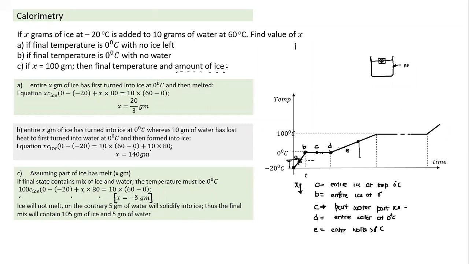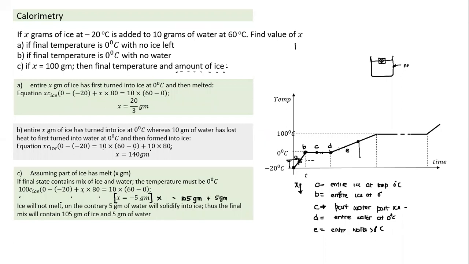So my assumption was wrong. The ice will not melt. I can interpret minus 5 grams as: rather than 5 grams melting, another 5 grams has solidified. So what would the final mix indicate here? The final mix will contain 105 grams of ice plus 5 grams of water.